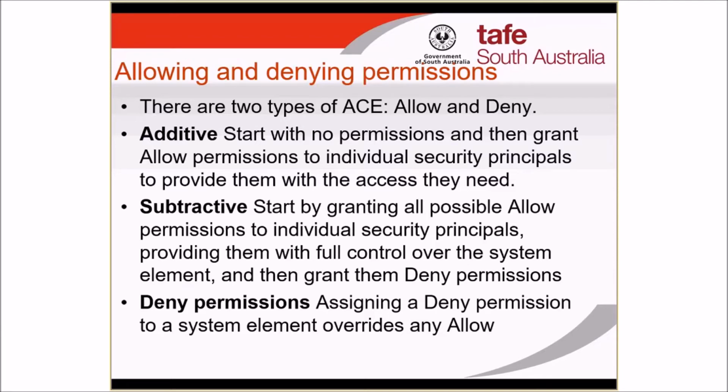Okay. There's also a subtractive, which is the deny. So you start by granting access to everything to individual security principals, then provide them with full control over the system and elements, and then you start denying them permissions to the things that they need. Okay, but when you're using, I don't like using denies.